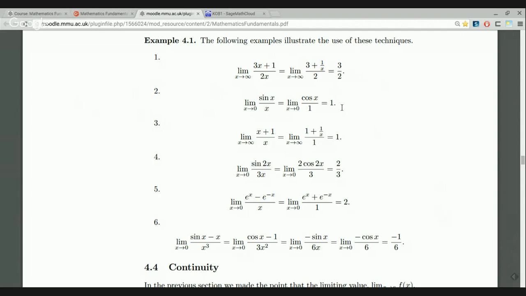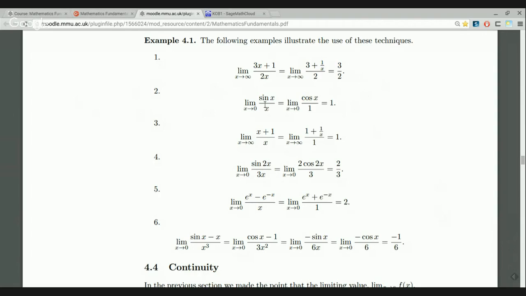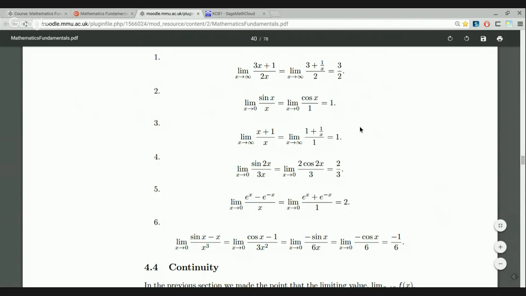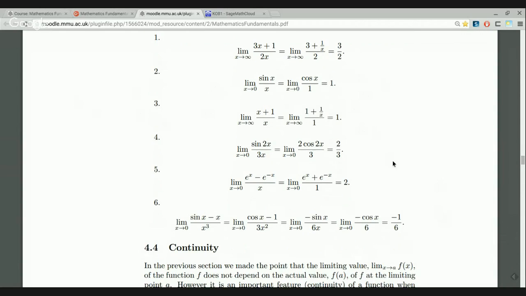So at a later date, to be fair, I should show you the explanation of why the limit as x approaches 0 of sine of x over x is equal to 1. It should be proved from first principles, from the geometry of sine of x, from the definition of sine of x.